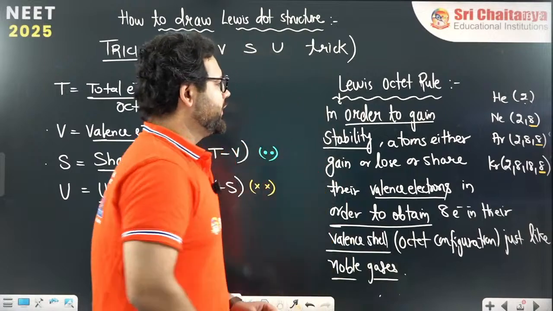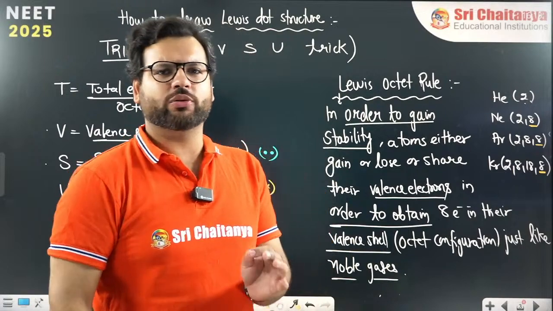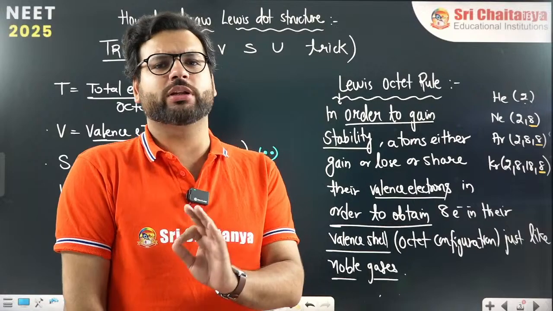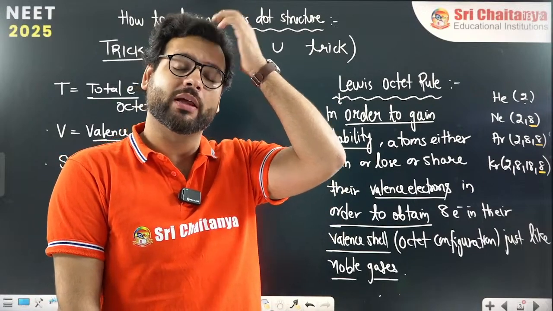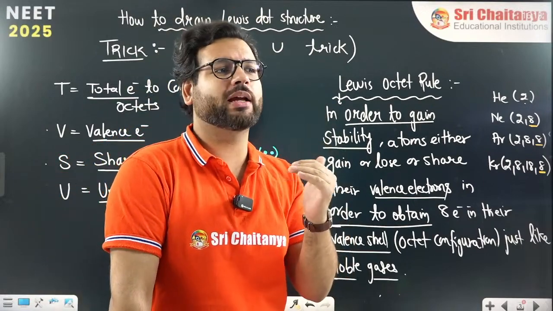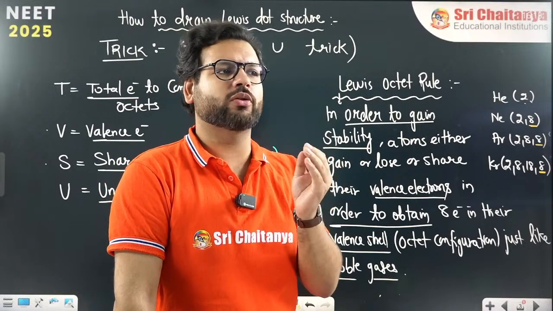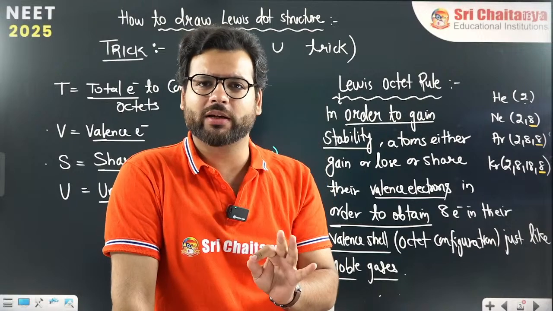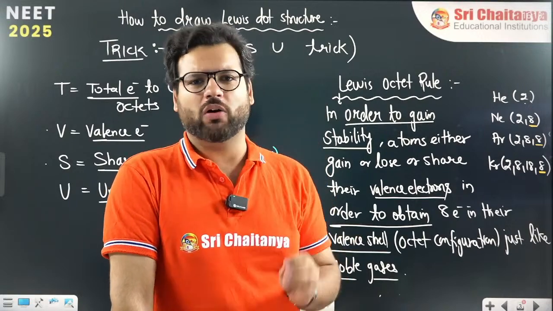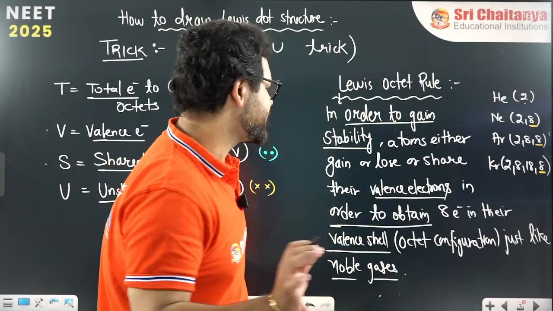We will not follow this octet rule for hydrogen. There is one exception, that is hydrogen, which will try to mimic helium, because hydrogen's nearest noble gas is helium and hydrogen cannot have more than 2 electrons. So hydrogen will try to get a duplet, while other atoms will try to get an octet.